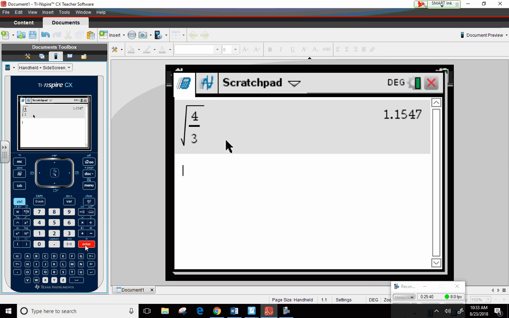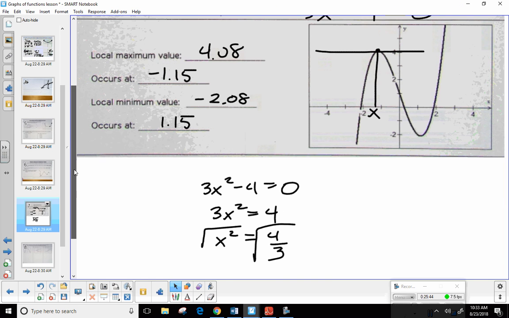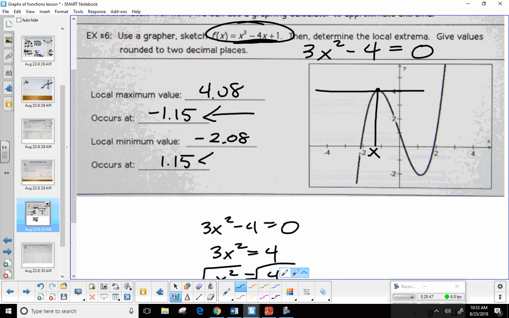Does that look familiar? Isn't that what we found when we were using the technology? So that is the point I want to be able to get to. But it's going to be a little while before we get there.